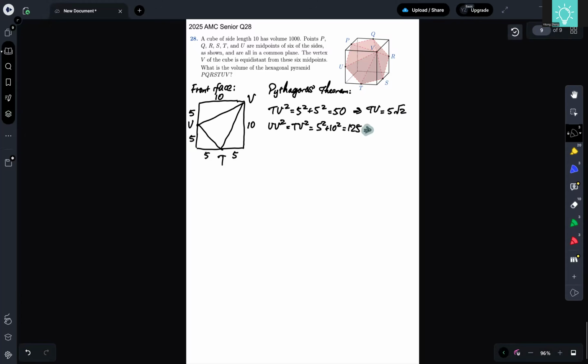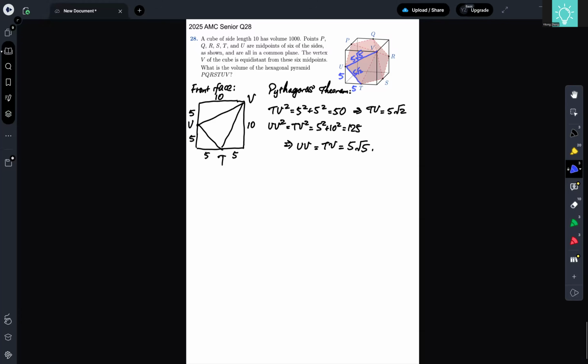So UV and TV are equal to the square root of 125, which is the square root of 25 times the square root of 5, 5 square root of 5. So in our cube here, we have 5 and 5. This length here is 5 root 2. And this length here is 5 root 5.